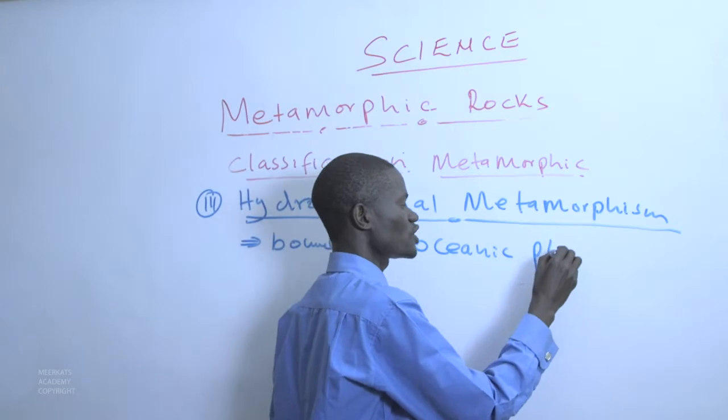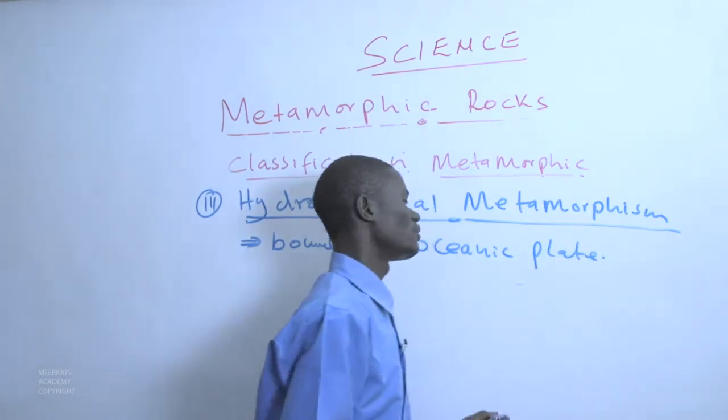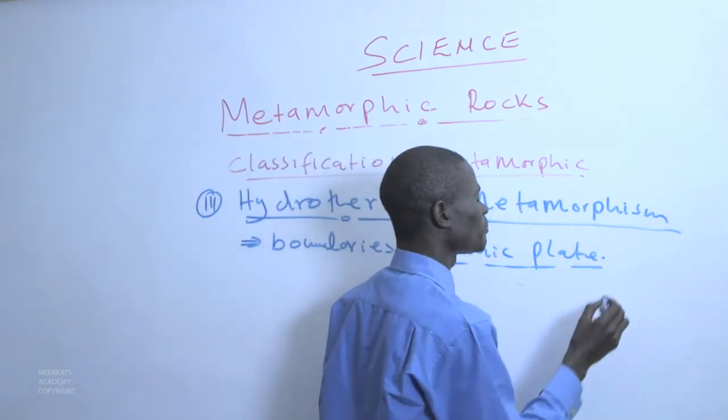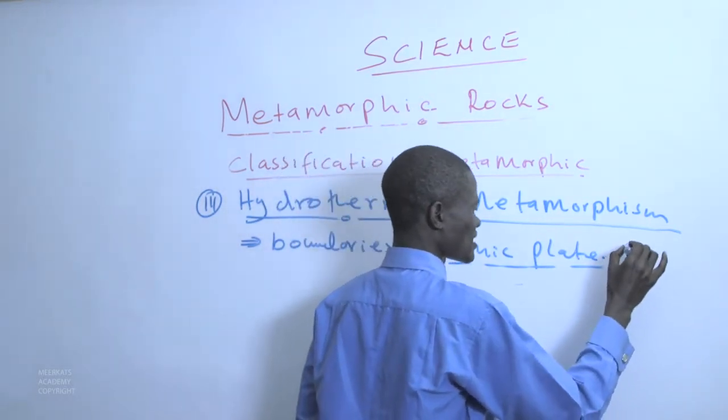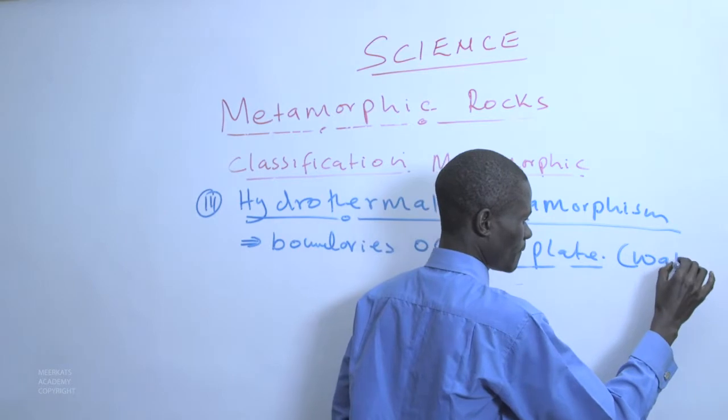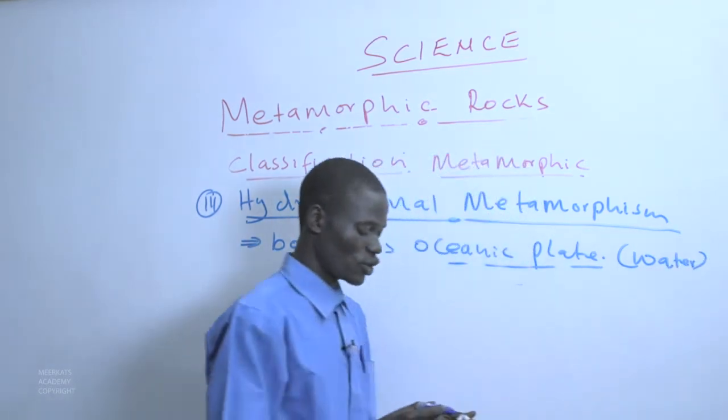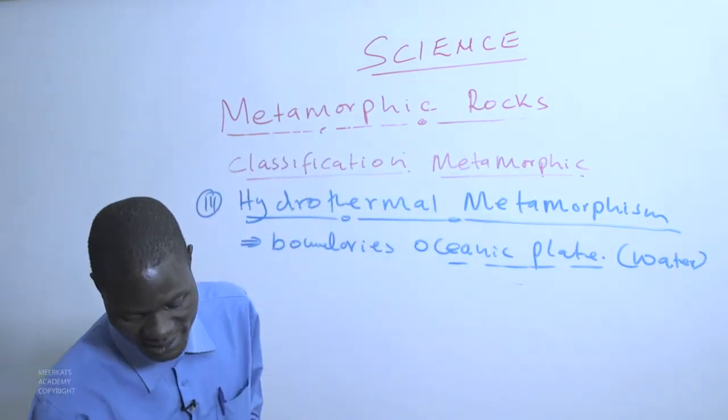And the oceanic plate, you should understand, is the plate that carries water mass, such as the ocean, seas, and lakes.